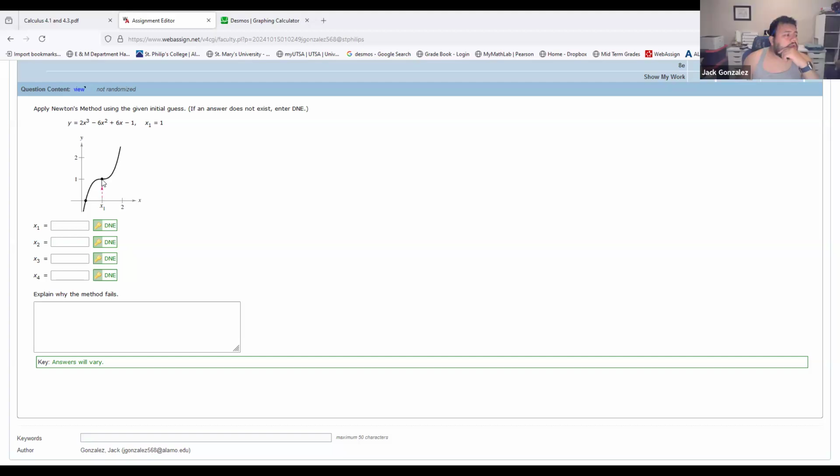So right here, do you agree that that's an extrema? And see how the slope is going to be horizontal. So if the slope is horizontal there, and that's where the initial guess is at, right? So that's a value that makes the derivative 0.